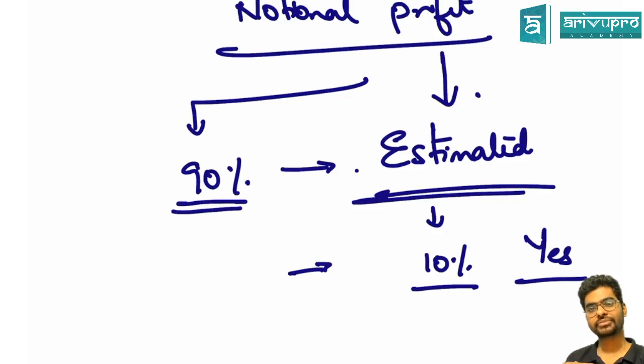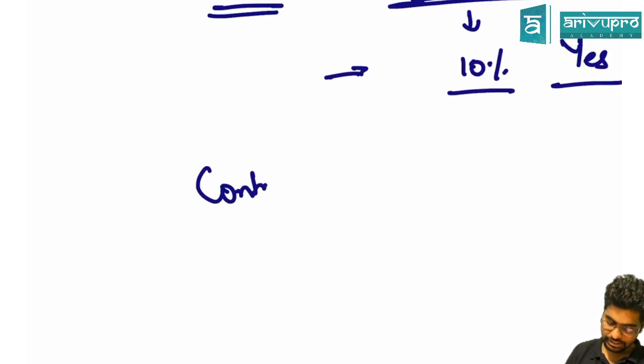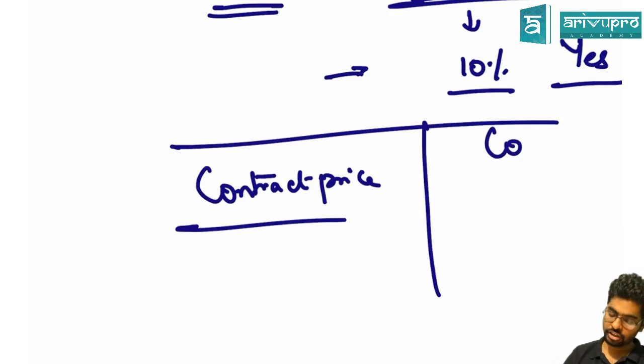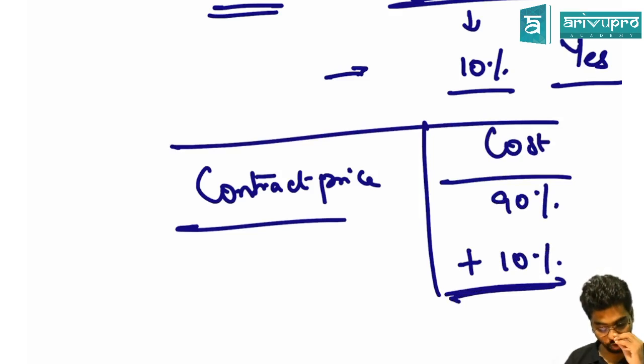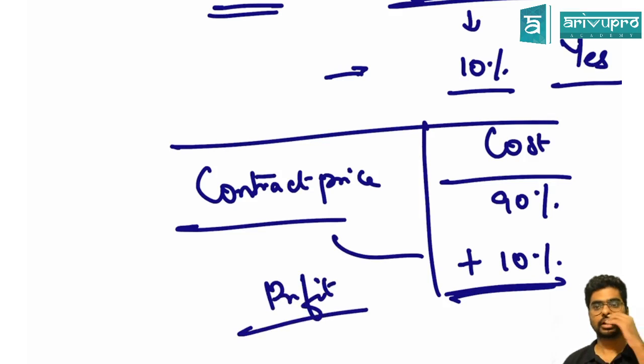Notional profit. We end up finding what? Estimated profit. How? I will take the contract price, and for the cost, I already know the 90% of the cost, I will add the estimated 10% cost to it and find the profit. Are you clear? Does it make sense?